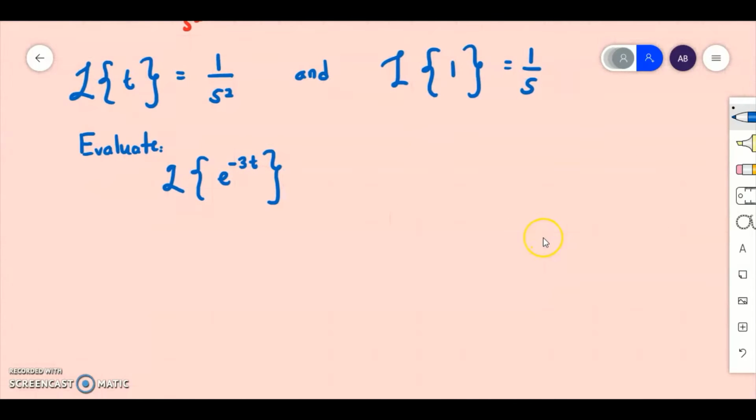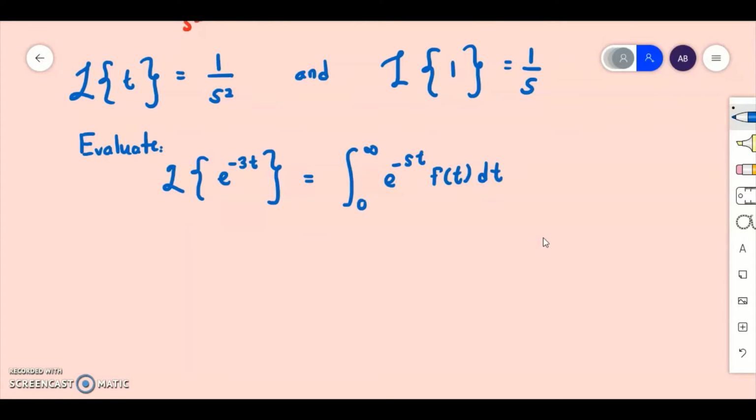Okay, so what we do now, as usual, we use the definition of Laplace transform, where the Laplace transform of f(t) can be written as the integral from 0 to infinity of exponent negative st f(t) dt.